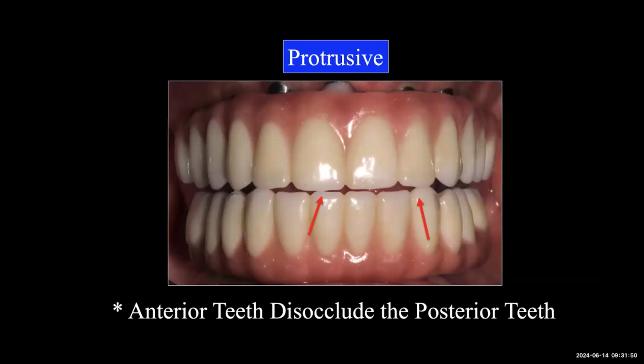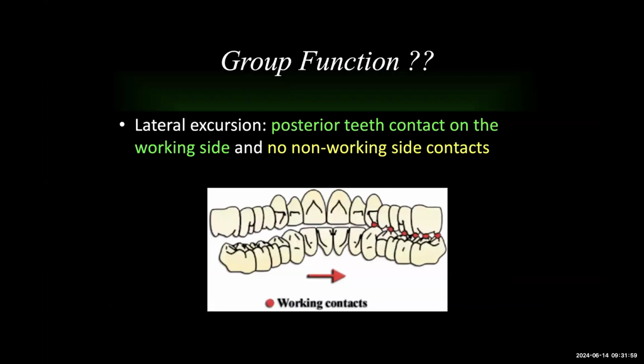So you can see here where there's 3 or 4 contacts on those anterior teeth as the patient comes into protrusive. A lot of people talk about group function, and it makes sense if you increase the number of contacts on that one side, then it takes the force off of the cuspid. Again, it's only on the working side, not on the non-working side.